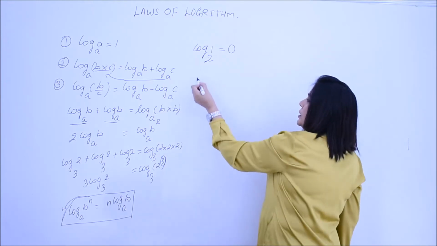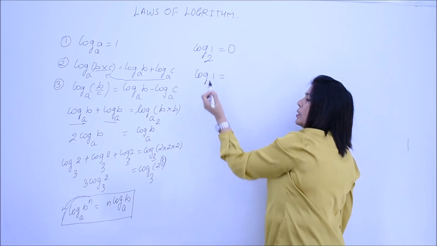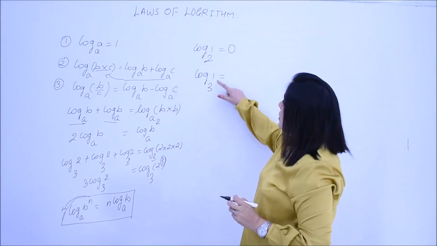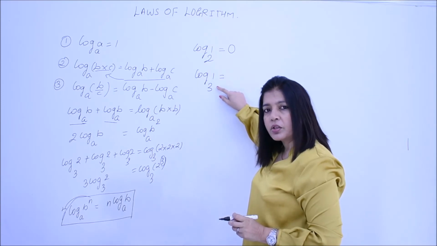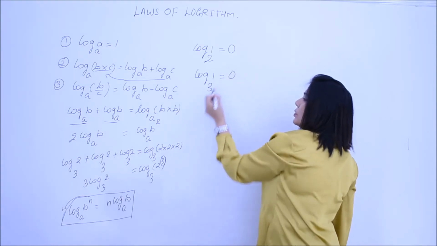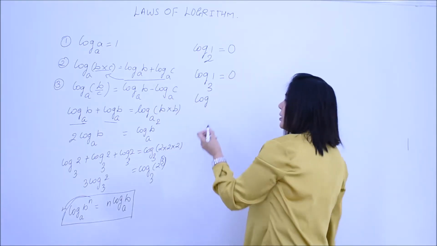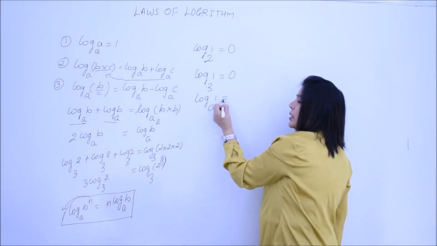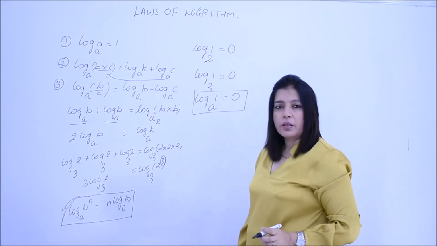Whenever our answer is 1, the growth remains the same, and hence this number is raised to nothing, that is 0, and therefore we write 0. So we can generalize this: log to the base a of 1 is equal to 0. This is another law which we get.